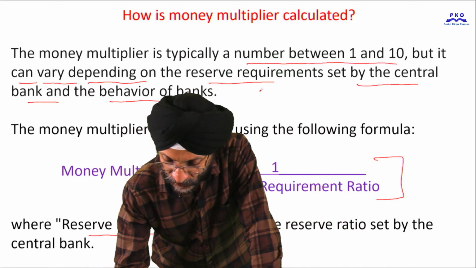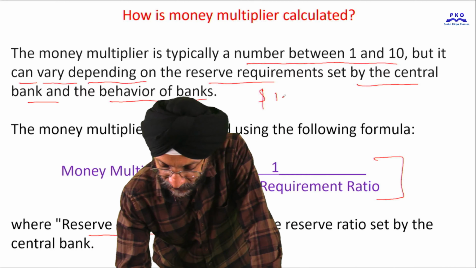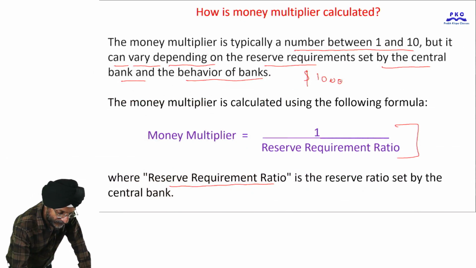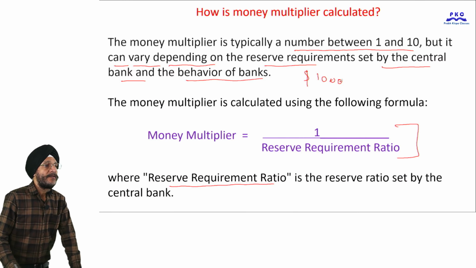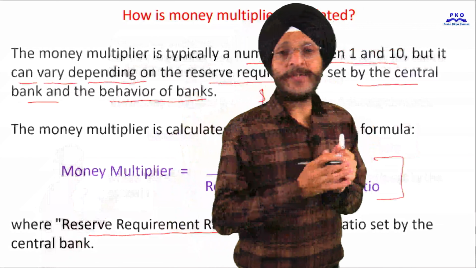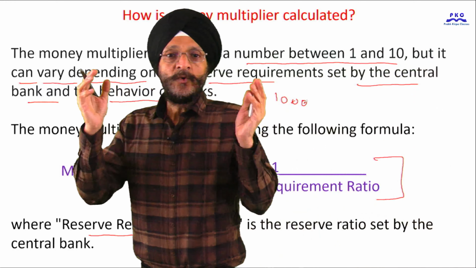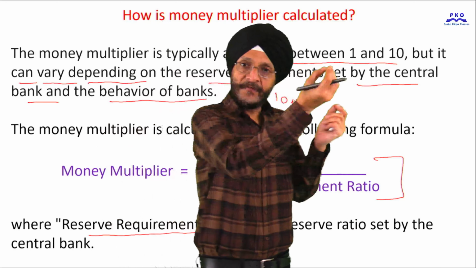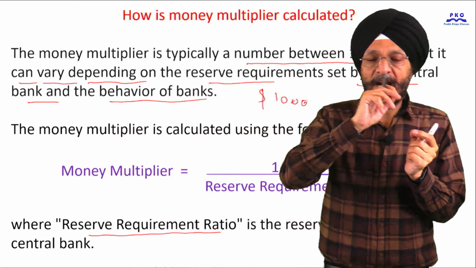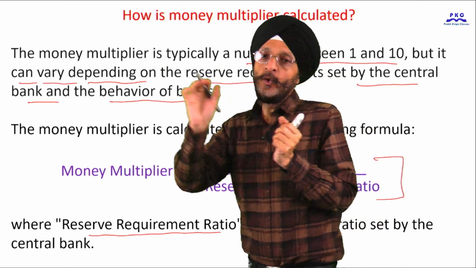Suppose we deposit $1,000 in the bank. All of us know that banks have two basic functions. First, to accept deposits, and second, to give loans.